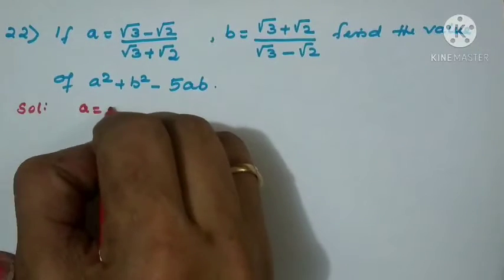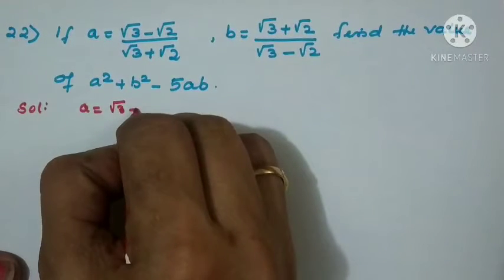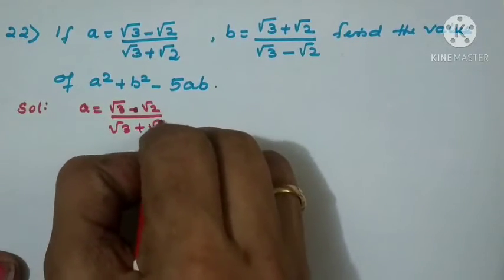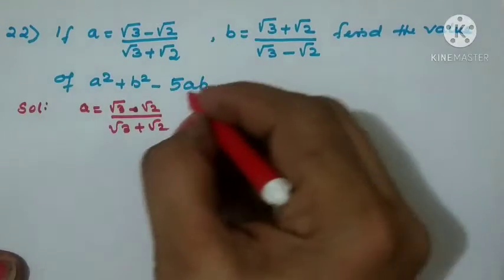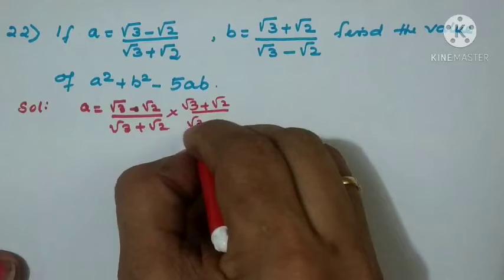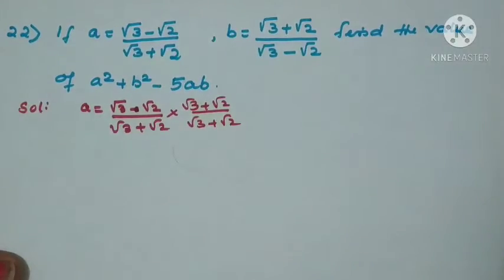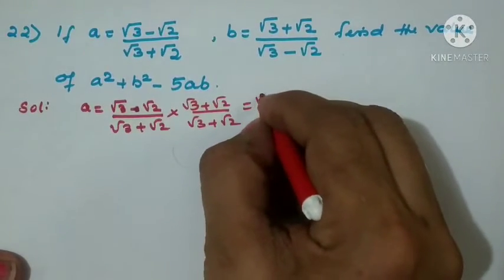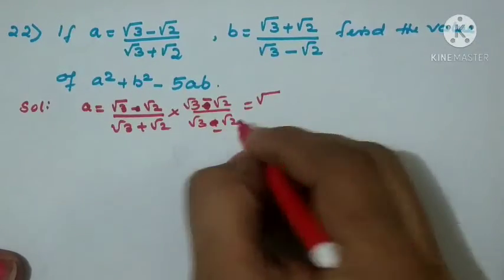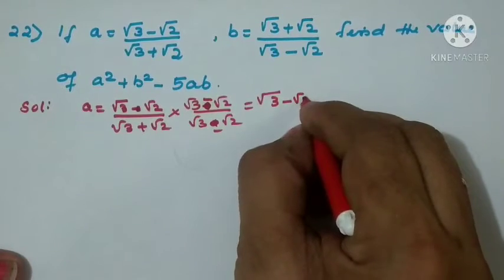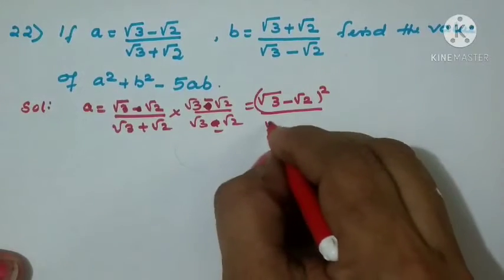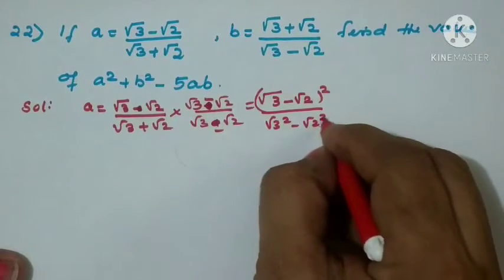a equal to root 3 minus root 2 by root 3 plus root 2. What must we do? We should rationalize. Multiply and divide with root 3 minus root 2. That means in the numerator we will have, this is minus only, root 3 minus root 2 whole square, divided by root 3 square minus root 2 square.